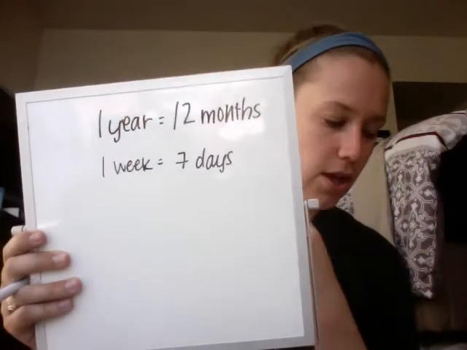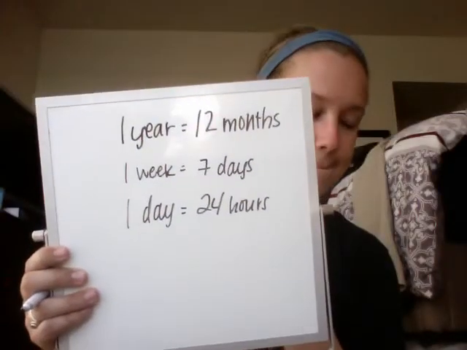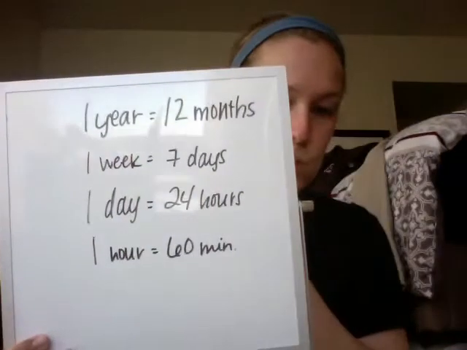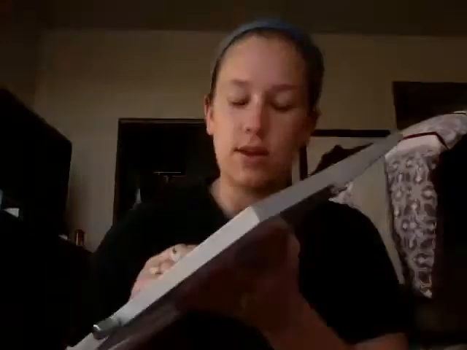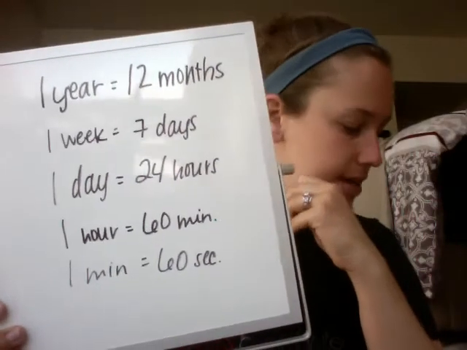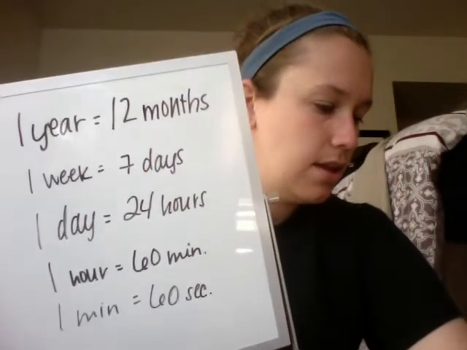These are easier because they're a lot more familiar. 1 day is equal to 24 hours. 1 hour is equal to 60 minutes. And 1 minute is equal to 60 seconds. Pause me, write any of that down. Okay.